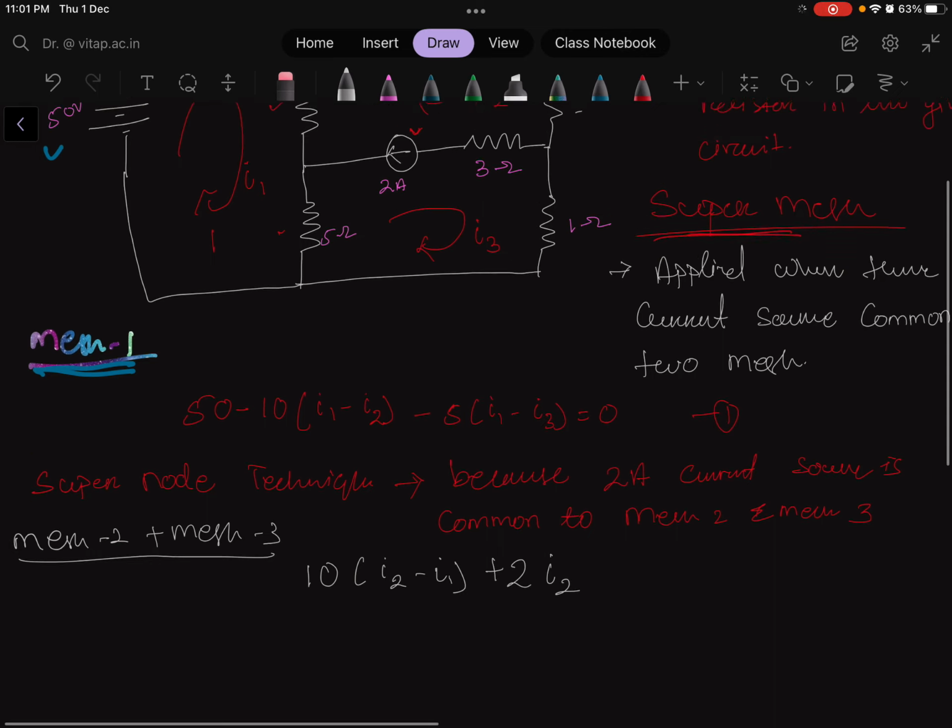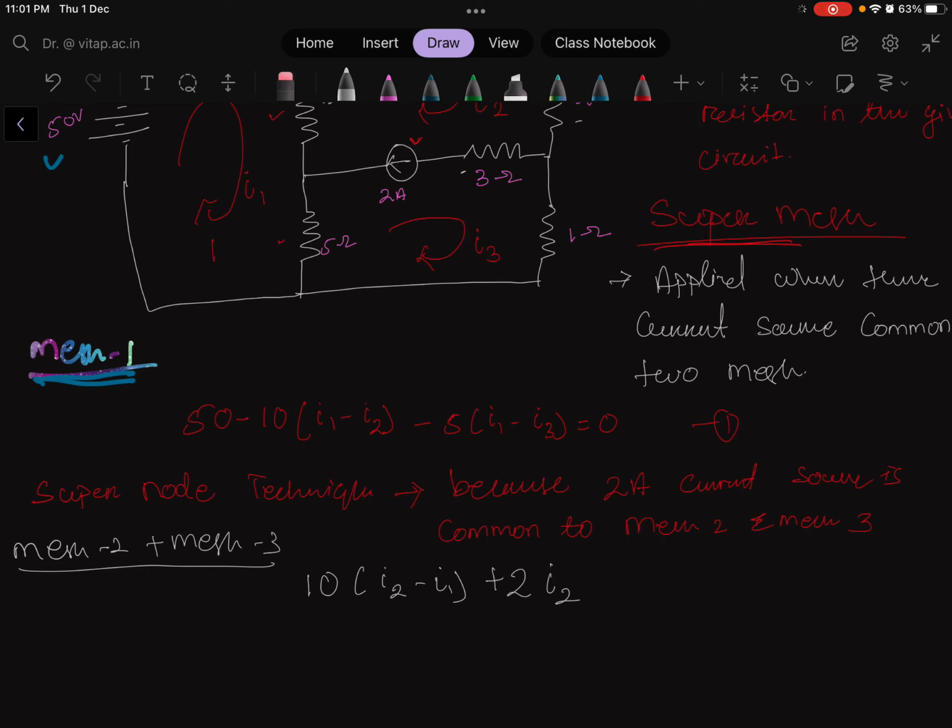Now we will not write this 3 ohm right now, since we have to take this whole loop. Then plus the current flowing is I3, so 1 into I3, then plus 5 into (I3 minus I1) is equal to 0.